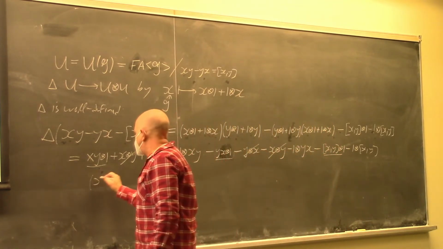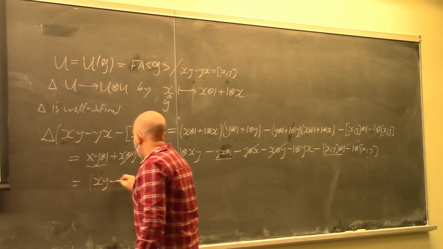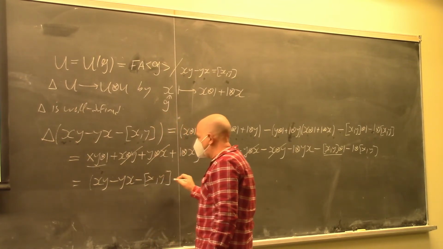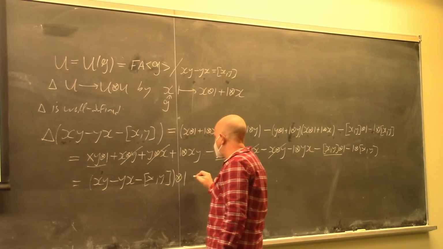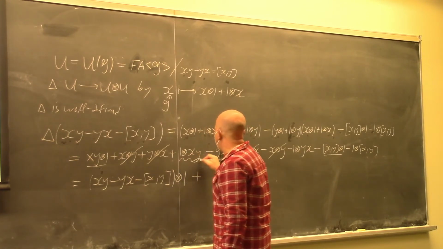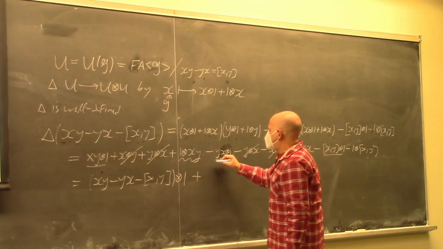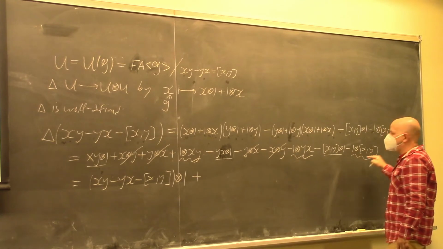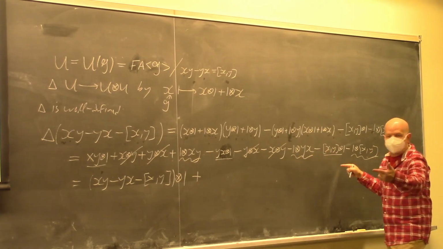So this is xy minus yx minus x bracket y, tensor 1, plus now these ones all have 1s on the left tensor factor.